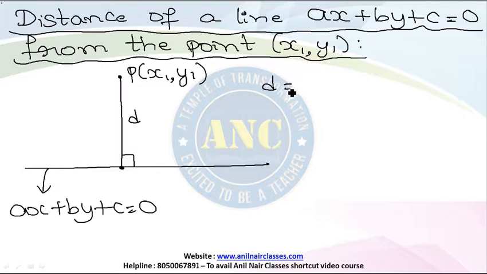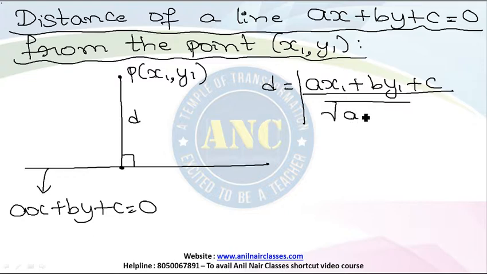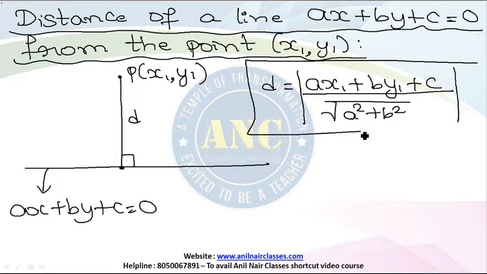The perpendicular distance of the line ax plus by plus c is equal to 0 from the point x1 comma y1 is given by d is equal to modulus of ax1 plus by1 plus c divided by root of a square plus b square. That means in place of x and y, substitute this point x1 comma y1.